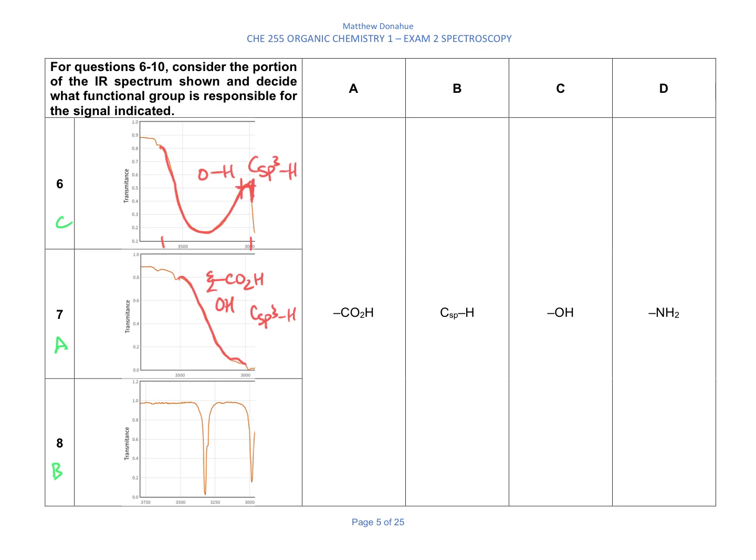Question 8, you have this nice sharp singlet to the left of the normal sp3 hybridized carbon H stretching, so this is going to be a terminal alkyne CH stretch.